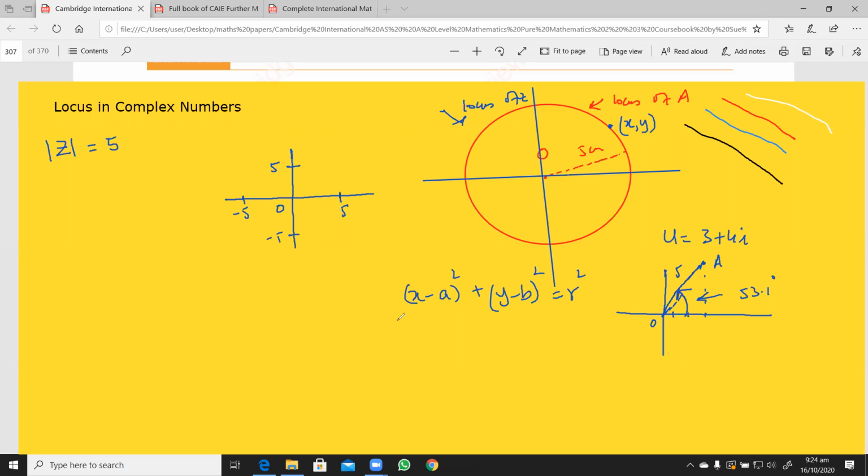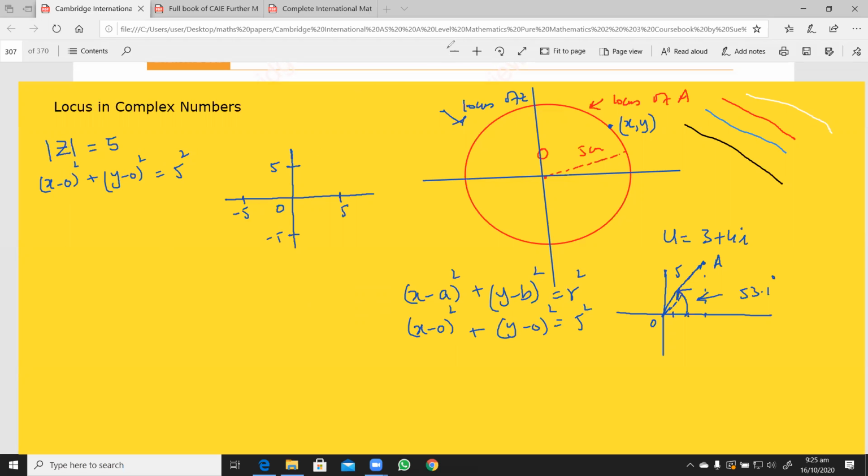And in this case, we have x minus 0 whole square plus y minus 0 whole square equal to 5 square. Now, let me say that this modulus of z is actually representing x minus 0 whole square plus y minus 0 whole square, and that is going to be 5 square.